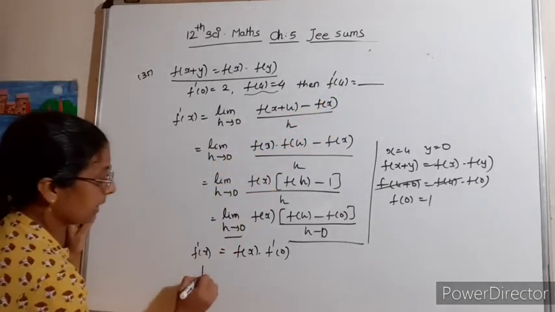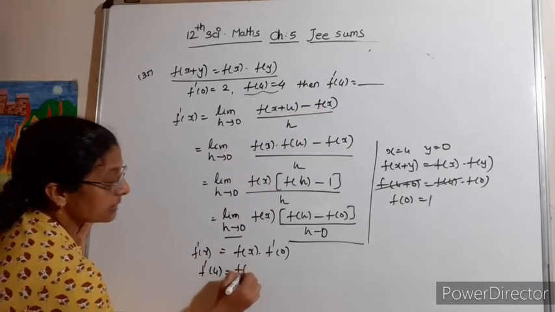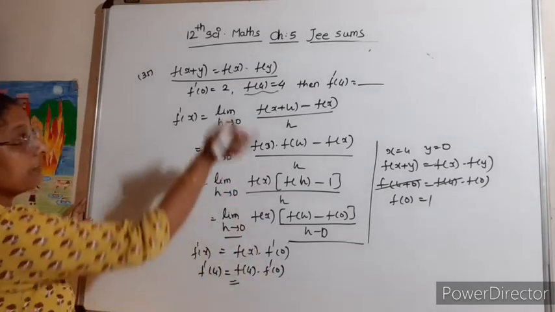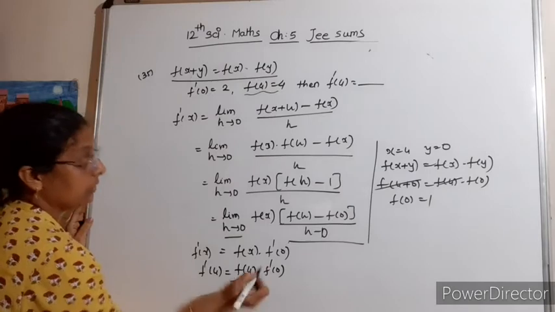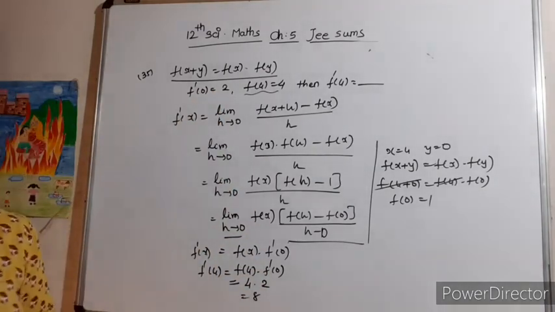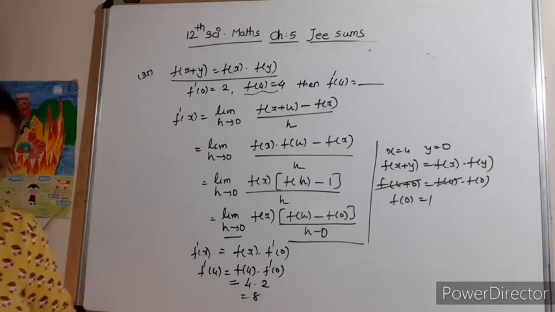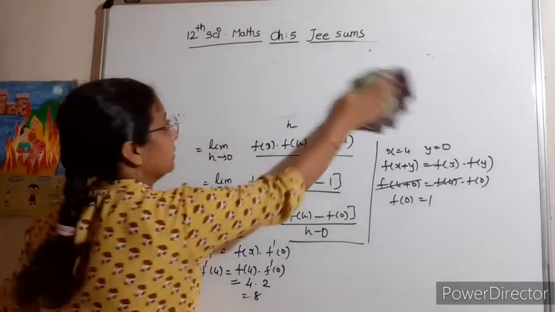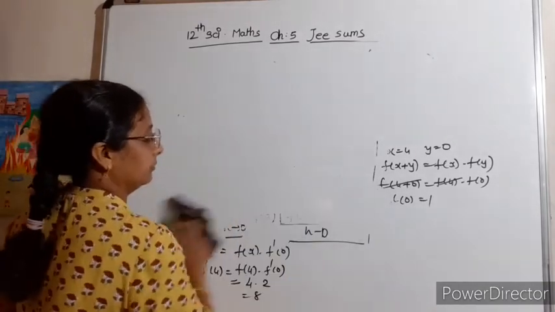So I will write f dash 4 is equal to f of 4 into f dash 0. What is f of 4? 4. What is f dash 0? 2. So the answer is 8. ऐसे हमने बहुत सारे सम किए हैं. So now it is easy for you how to do. Understand that? Okay. We'll go to the question number 36.